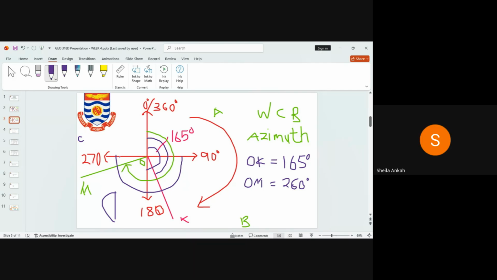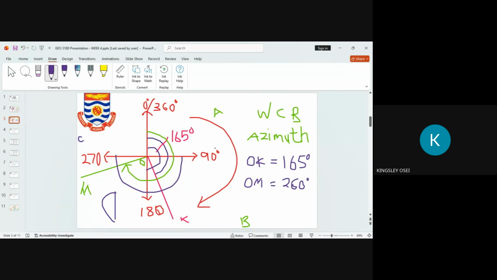So how do I get this part right and measured? I have a protractor that has only maximum 180. So we are looking at how we can use the protractor to give us the measurement.